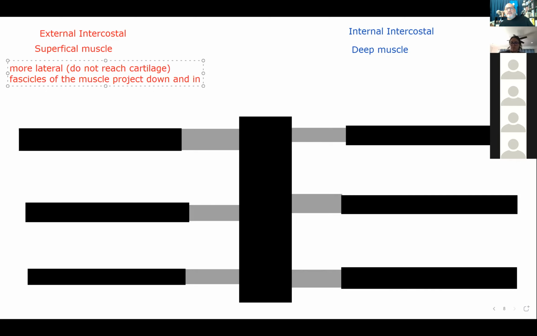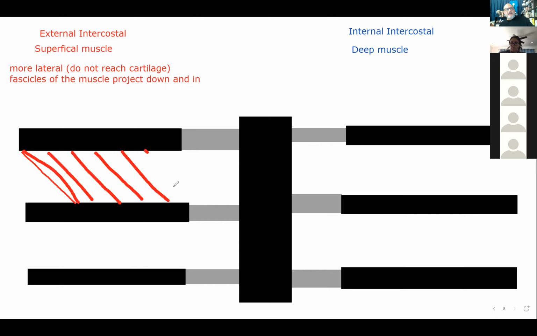So if we were to draw these, it starts lateral, its fascicles come down and in. And let's erase that last one, just so that there's no confusion.